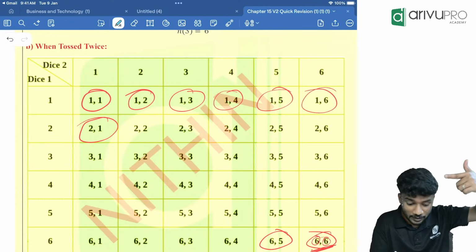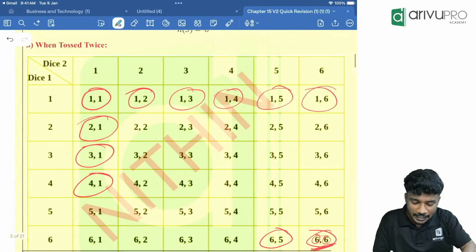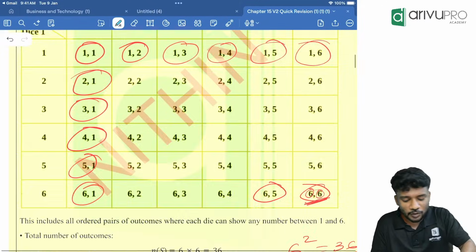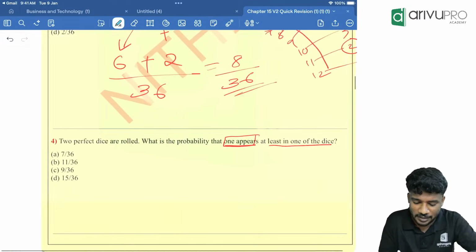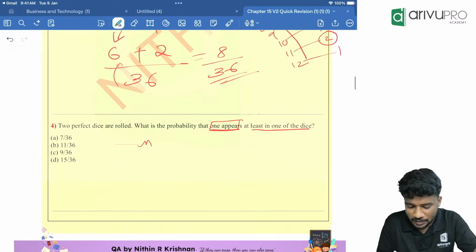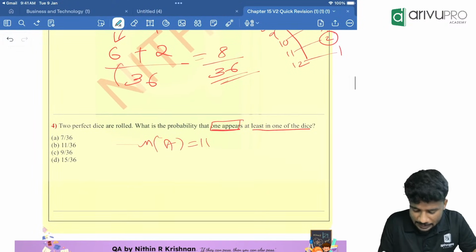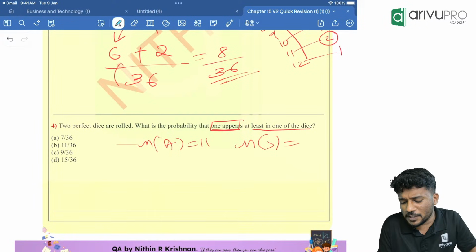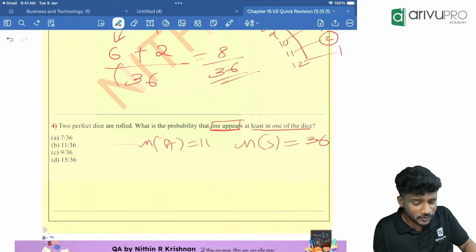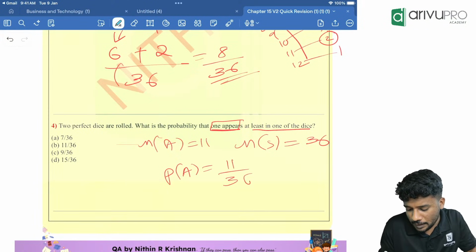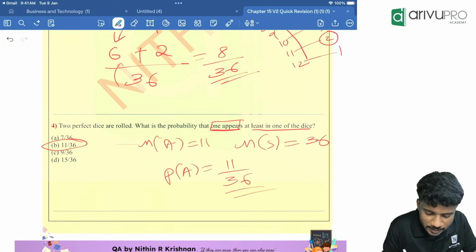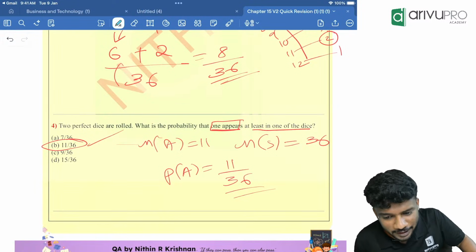Then 2, 1, and so on, up to 11. So in total, people, n of A is equal to 11. Then n of S we already know is 6 square, which is equal to 36. So answer will be P of A is equal to 11 by 36. Option B is the right answer.